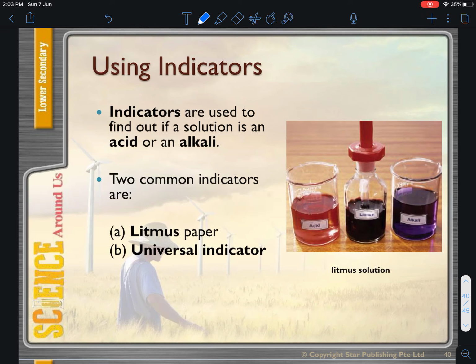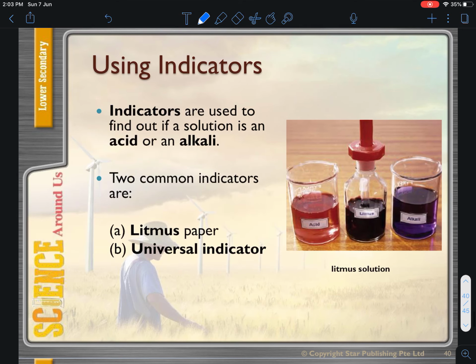So one easier way is to use indicators, which when they react with the solution, produce a color change that indicates whether it is acidic or alkaline. The two main indicators we'll be exploring are number one, the litmus paper, and number two, the universal indicator.